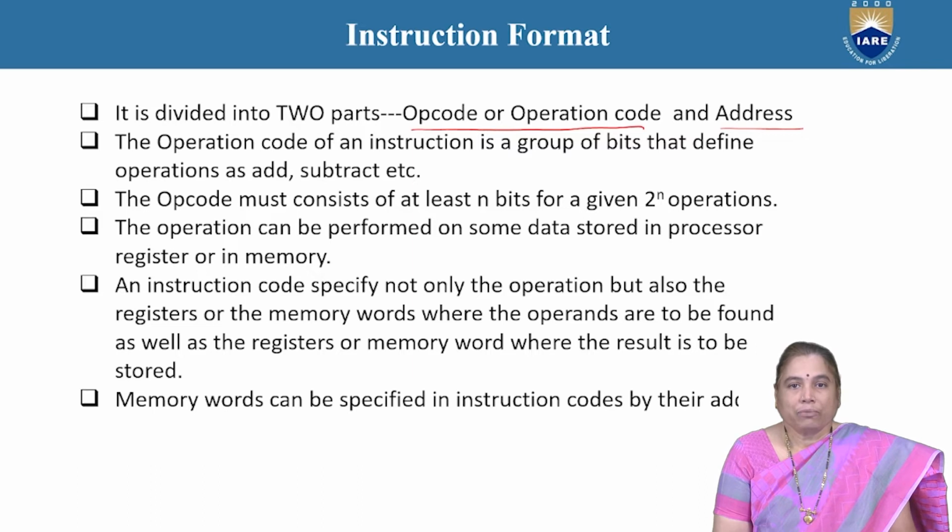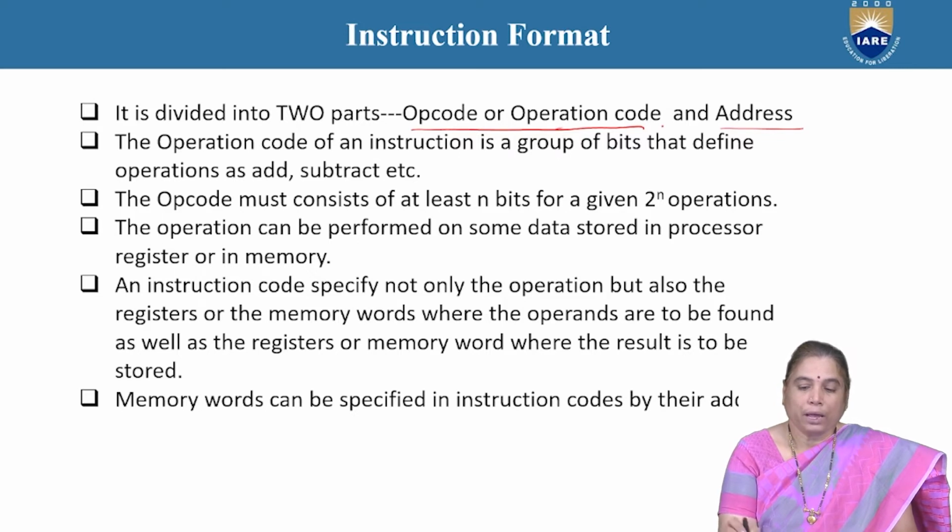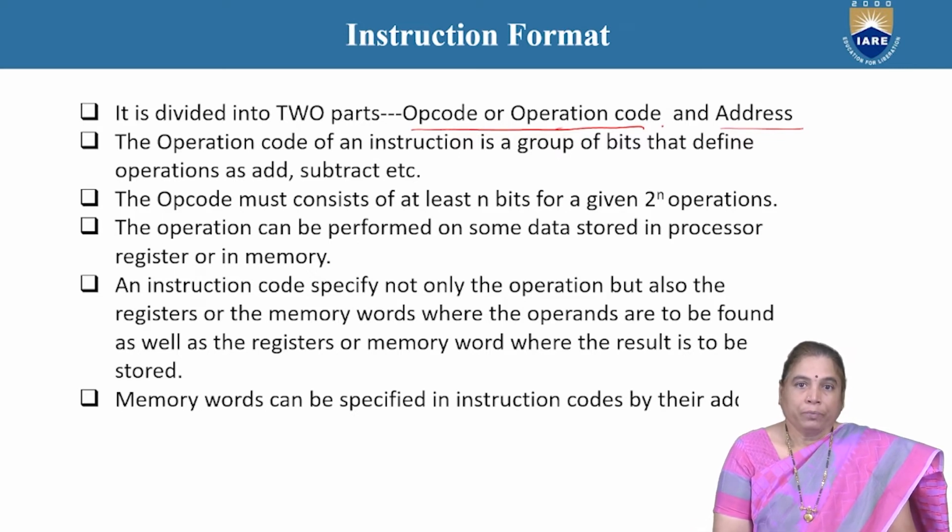So, which type of operation can be performed is specified with the help of opcode or operation code. But on which data this operation can be performed is specified with the help of address.